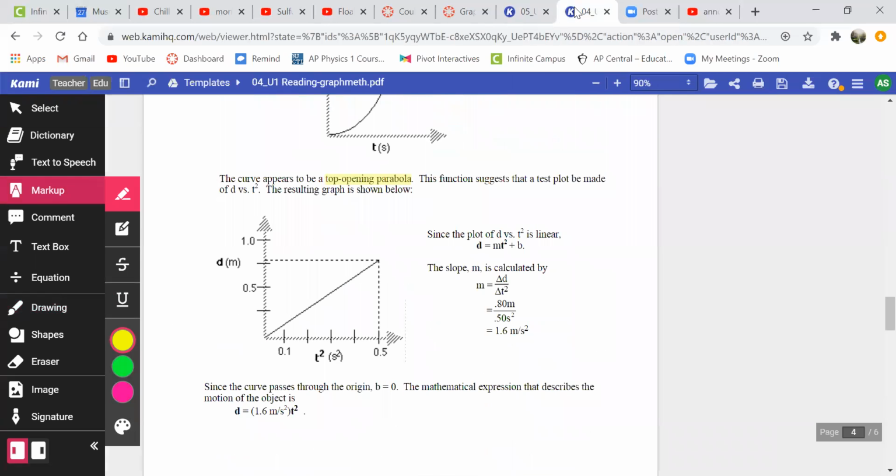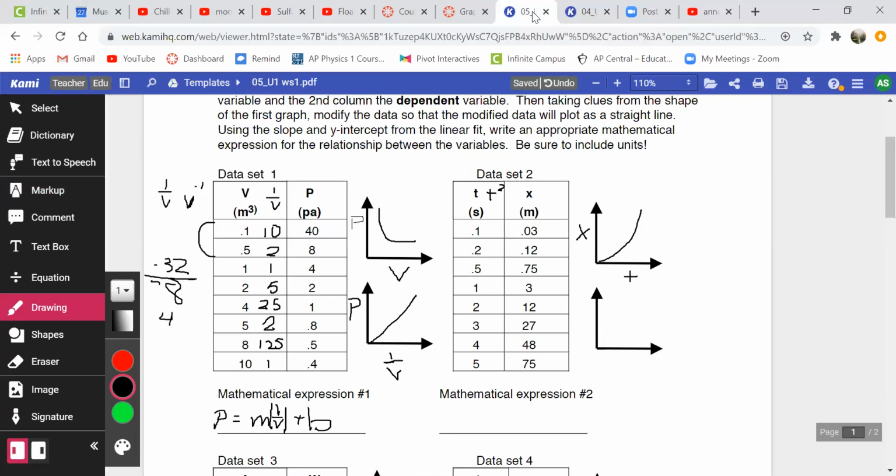They suggest squaring T, and that ends up giving you a positive linear line. All right, and then what's your new variable down here that goes on the x-axis? T squared. There we go.